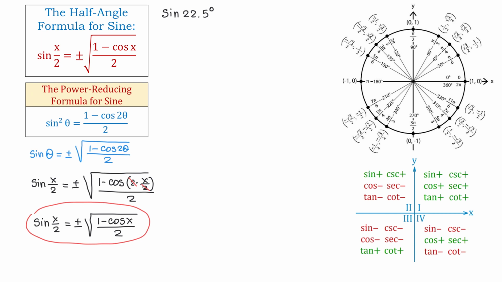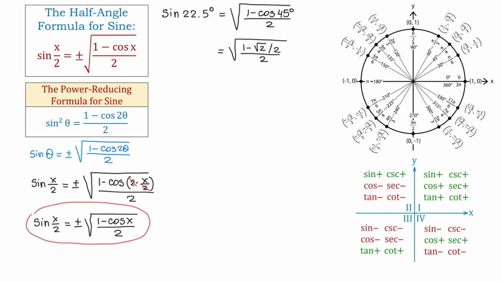So sine of 22.5 equals positive square root of (1 minus cosine of the double angle, which is 45 degrees) over 2. And from the unit circle, cosine of 45 degrees is square root of 2 over 2. Then we will have square root of (1 minus square root of 2 over 2), all divided by 2.